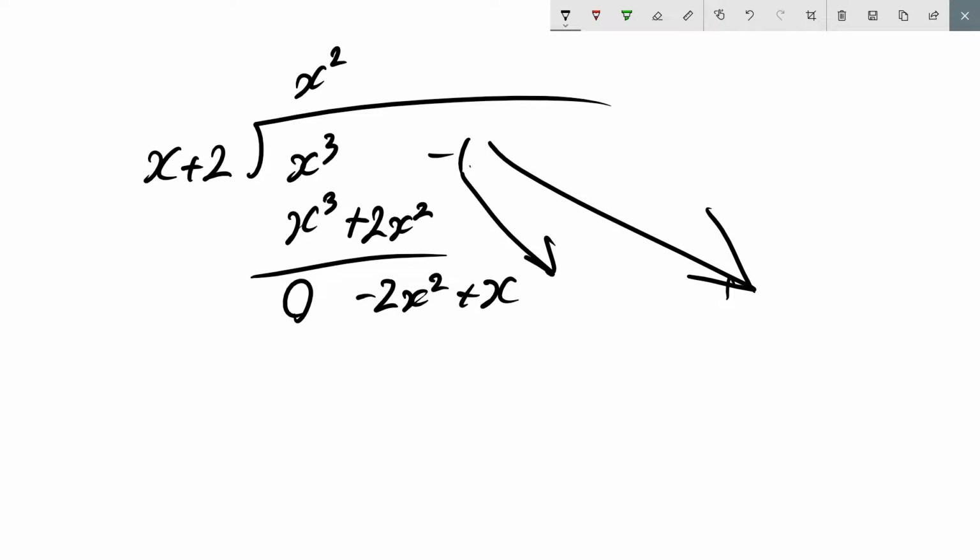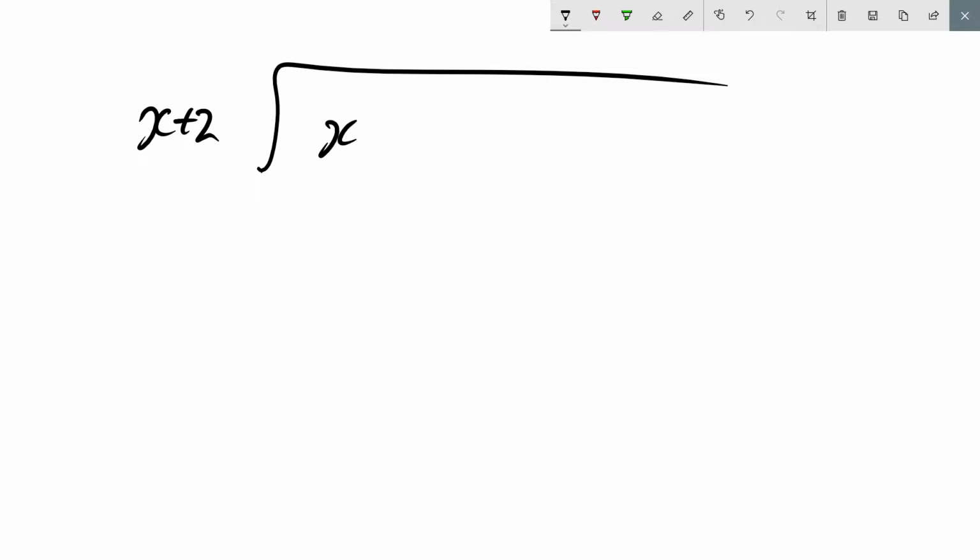I don't want to do that. So, to make our lives easier, x plus 2, and we had x to the 3, we will add 0 x squared. So I haven't changed anything, but I have something to actually collect like terms with. Plus x and minus 1.